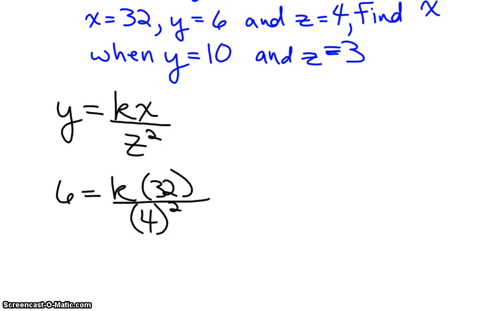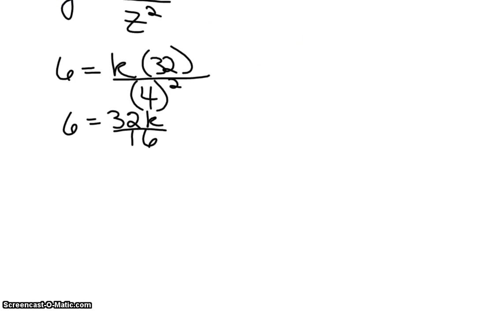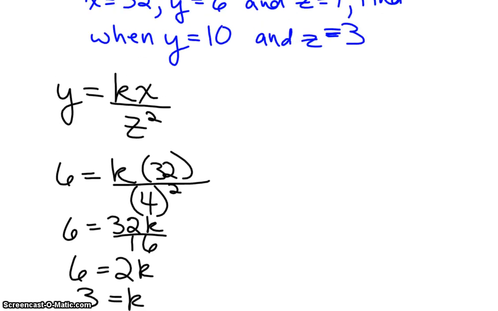So I have 6 equals k times 32 over 4 squared, or 6 equals 32k over 16. So 6 equals 2k, and k equals 3. Now that I have 3, I have a more specific formula here. I'm going to have y equals 3x over z squared.